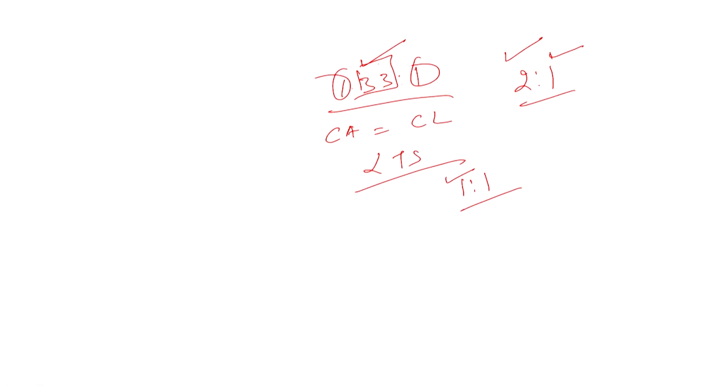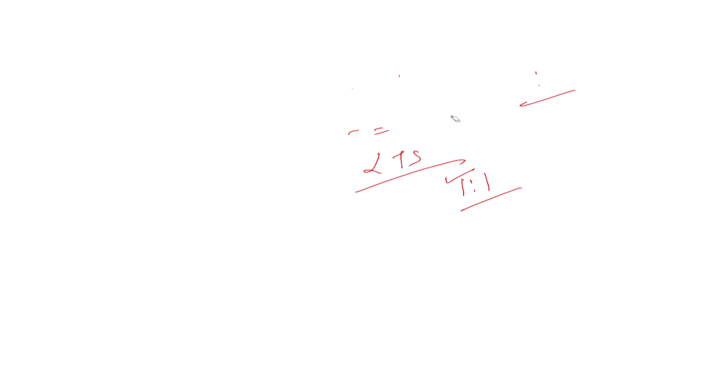Now what are the modes by which the banks provide funds to these firms? We have 3 modes for how the firms take working capital from the banks. Let us see these 3 modes.